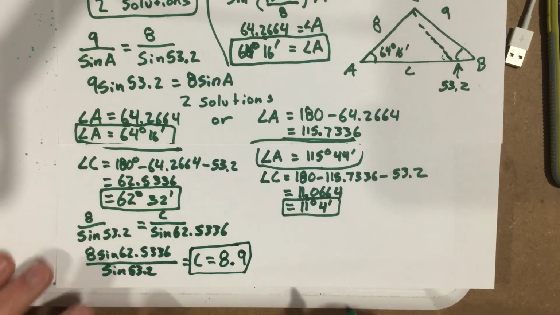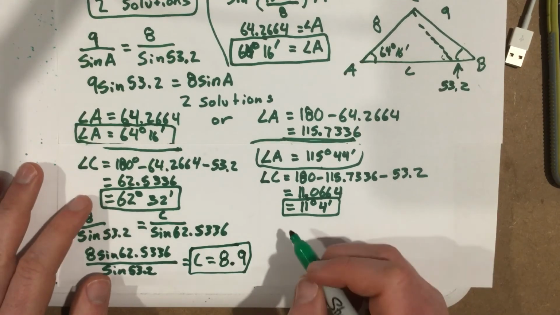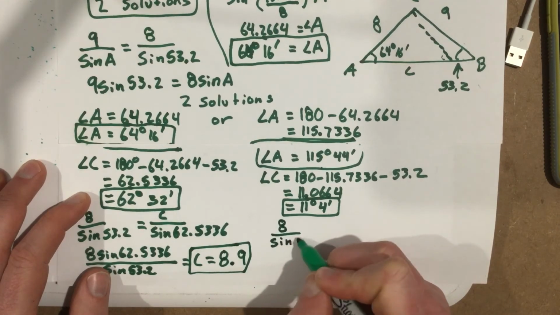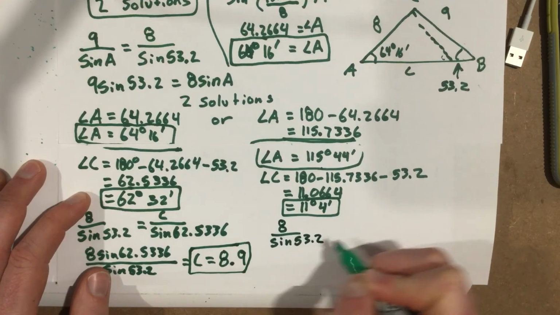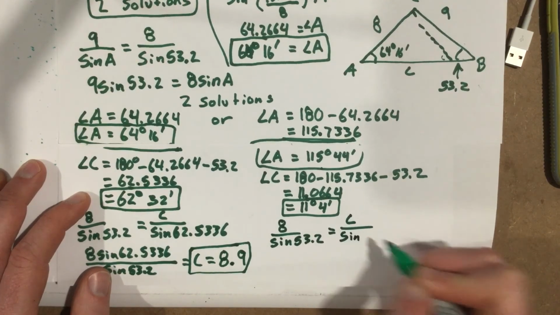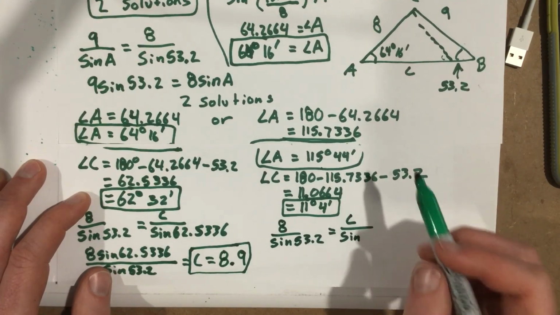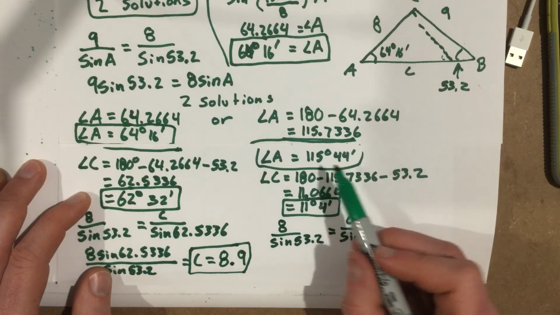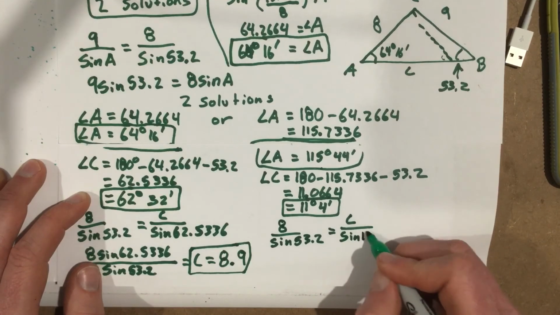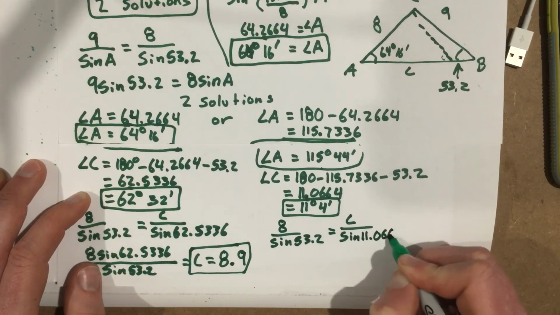Let's find the other one by doing the same idea. So 8 over sine 53.2 equals C over sine, and in this case we're working with C, so we're using 11.0664.